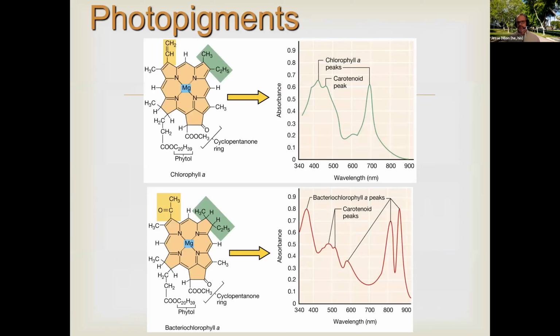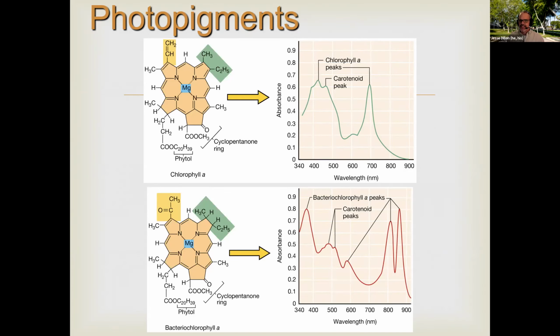So phototrophs have evolved very complicated suites of pigments for their metabolism. And the way this works is that different pigments, of course, have different colors, but the reason they have different colors is because they absorb and reflect different wavelengths.